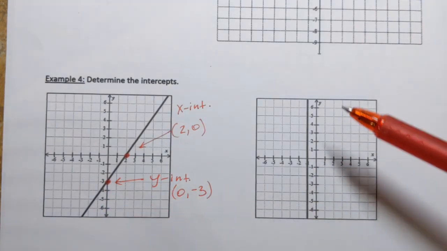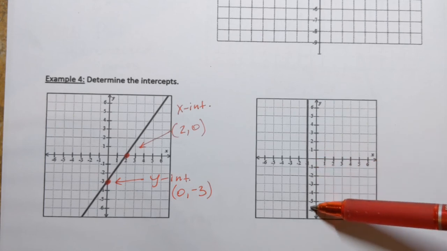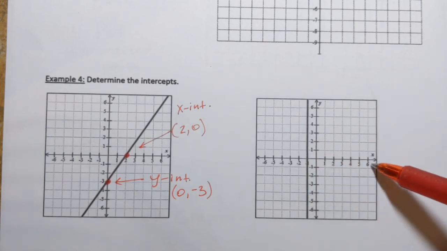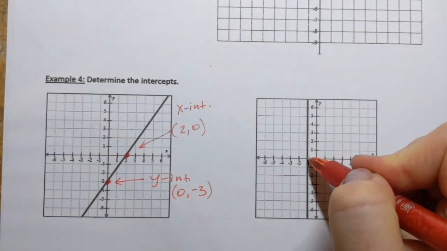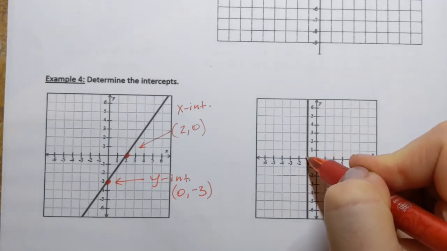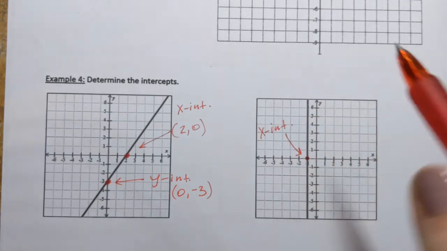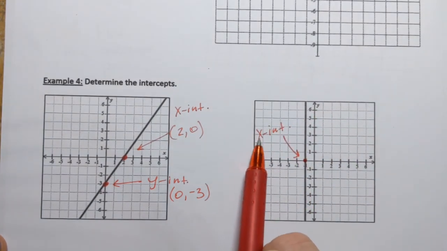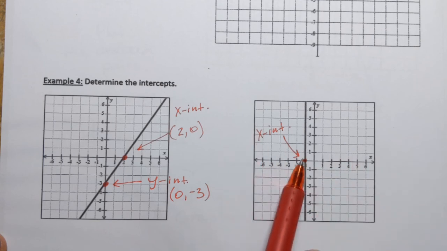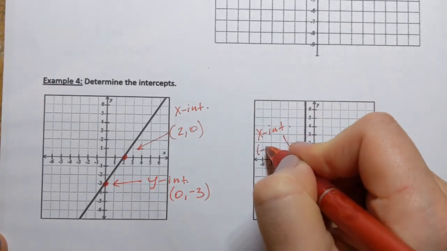And then for this graph, notice how it's just a vertical line. It crosses the x-axis at -1, 0. X-intercept, remember, in the name, the variable matches the variable of the axis. x-axis, x-intercept. So that is -1, 0.